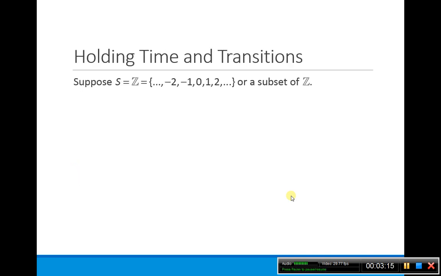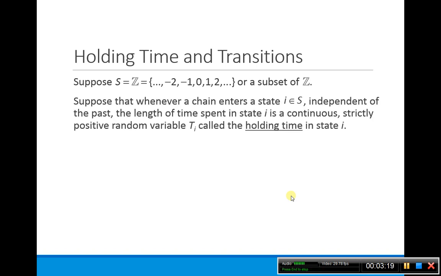Okay, so let's assume that we have a state space that is the integers or some subset of the integers. And suppose that whenever the chain enters a state i, again independent of the past, the length of time spent in state i is continuous. So we basically think about the length of time spent in state i as a random variable which we call Ti.